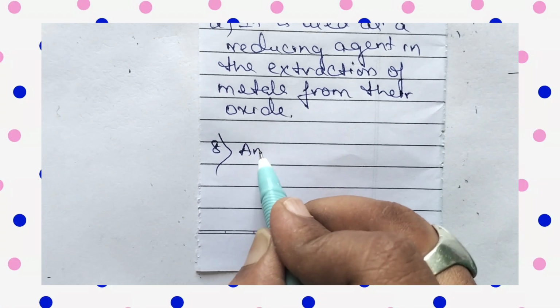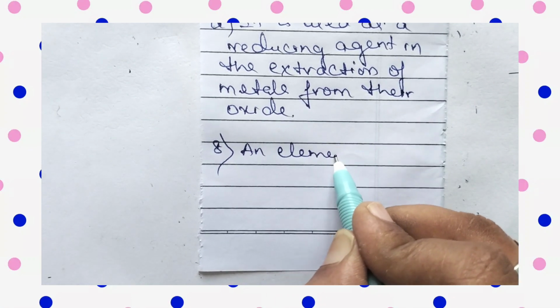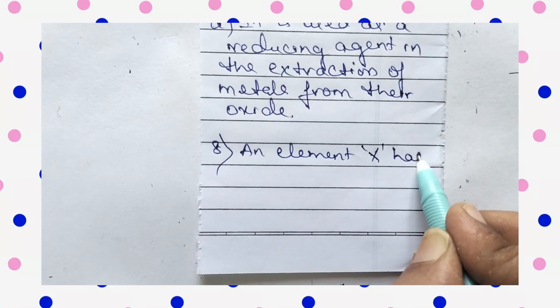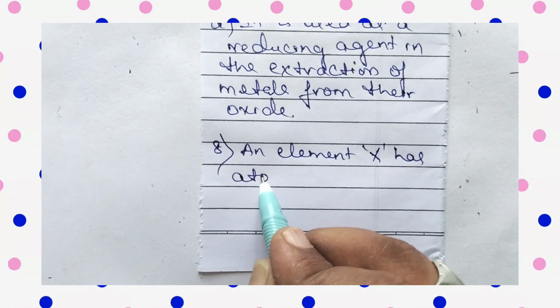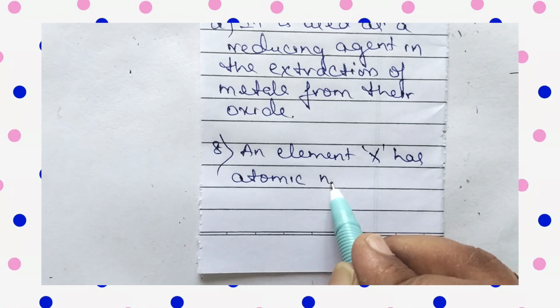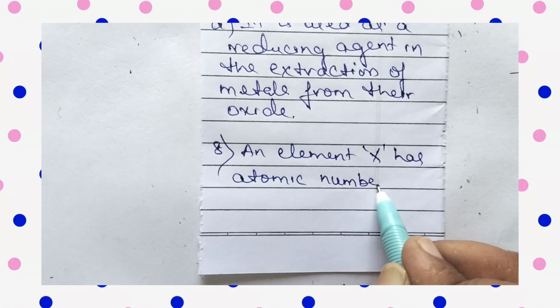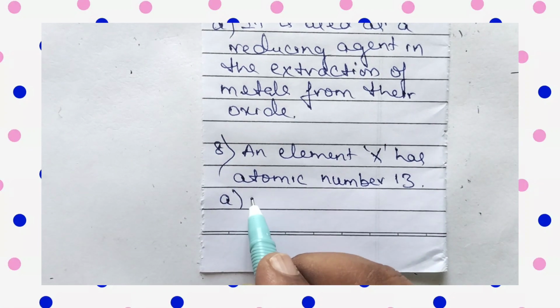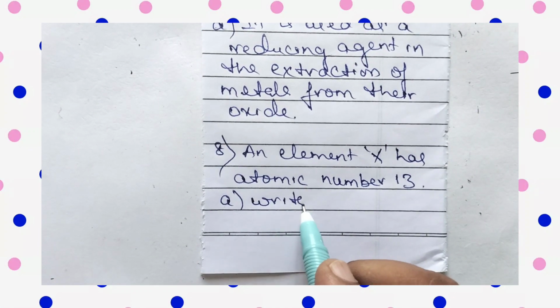An element X has atomic number 13. So here we have to write answers for the sub questions.